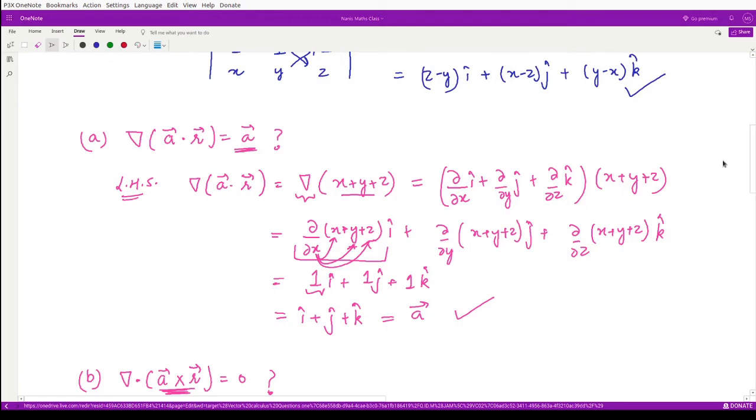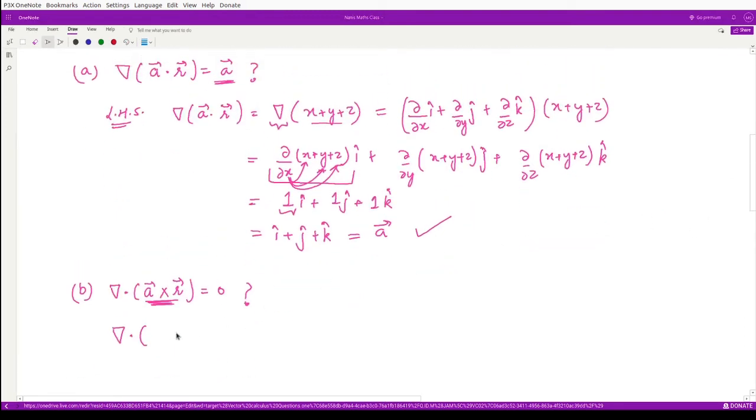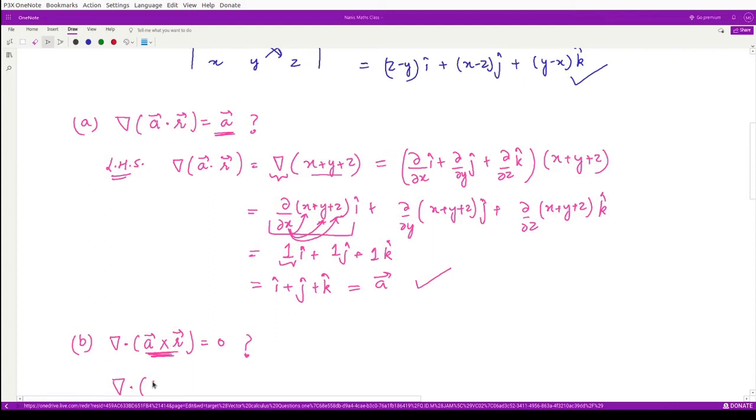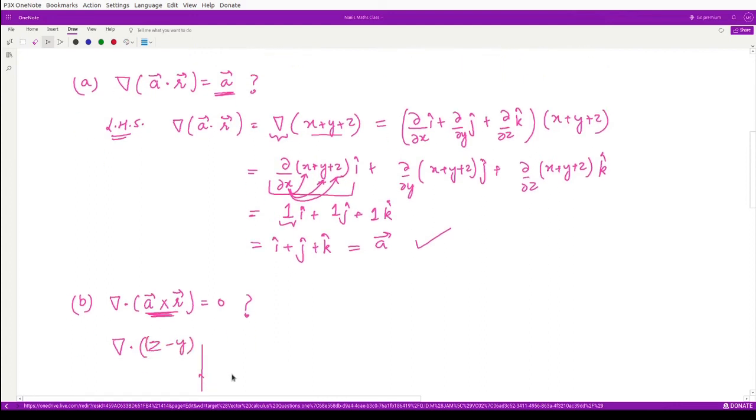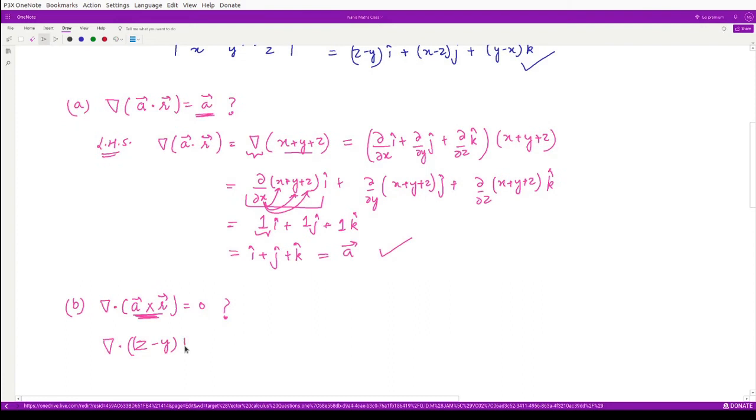So this quantity is equal to z minus y i cap plus x minus z j cap plus y minus x k cap. So that means you have to take the dot product here. Now let me write down the definition.